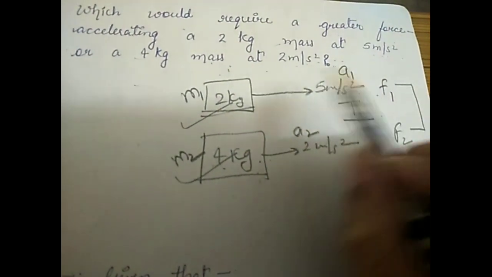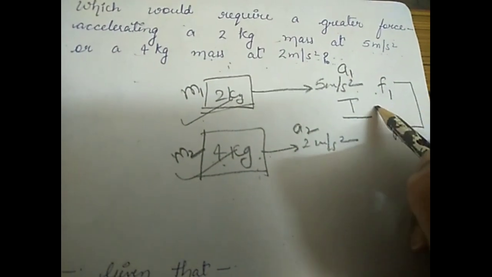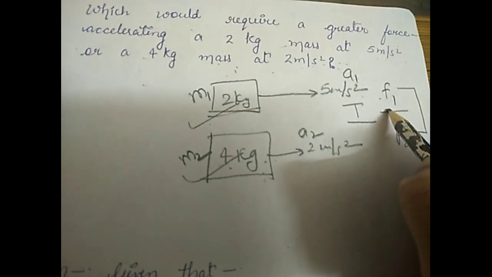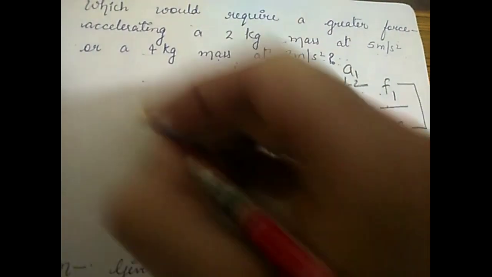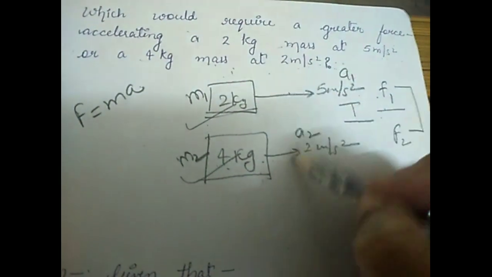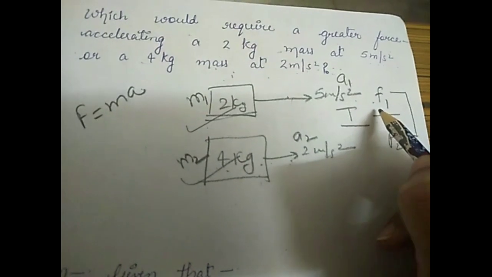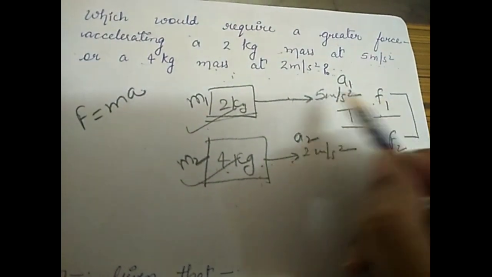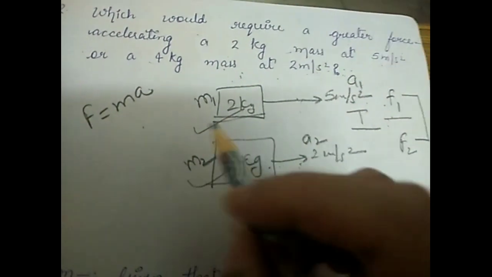Okay, so we have m and a, we need to find out F. So which formula we will use? Newton's second law of motion, that is F is equal to ma for both. Okay, so what we need to do? We just need to put the values.